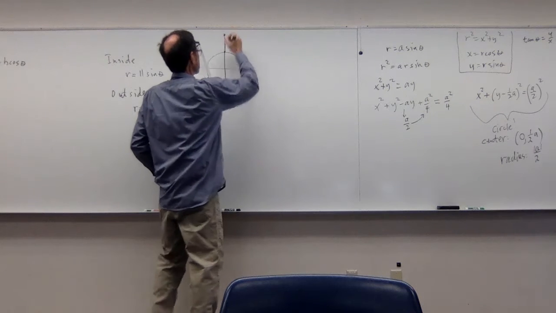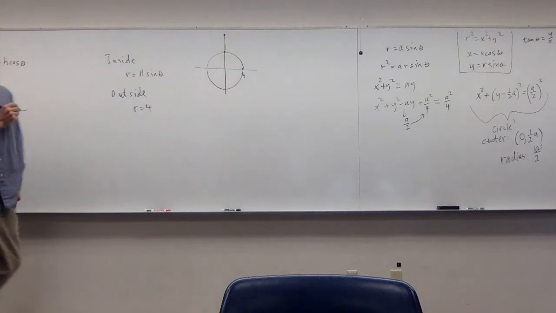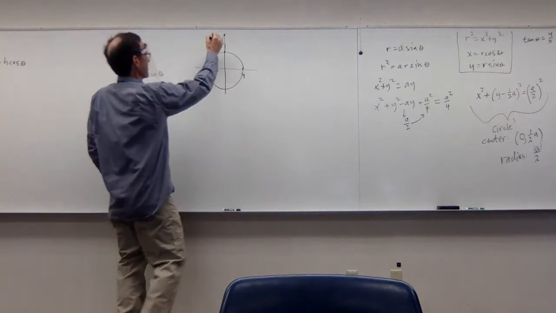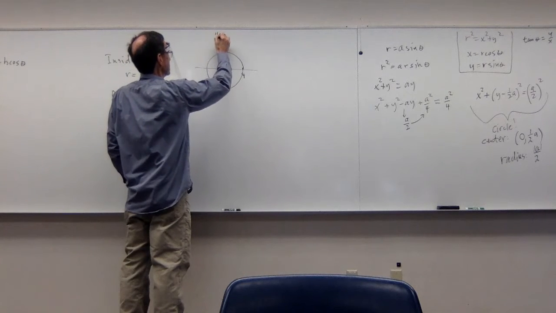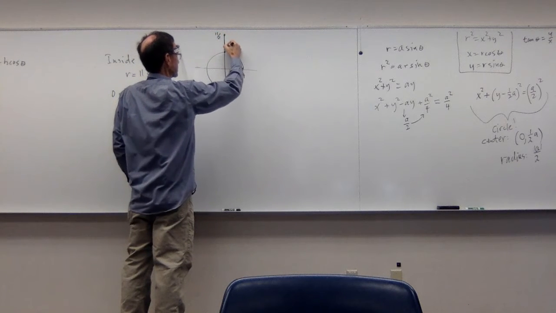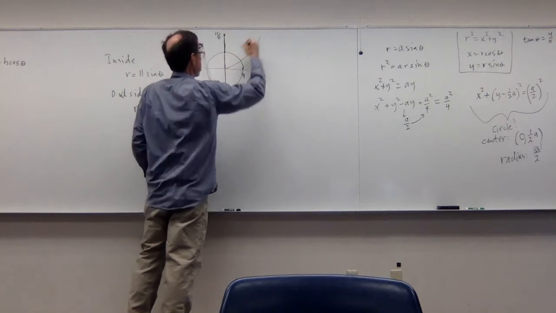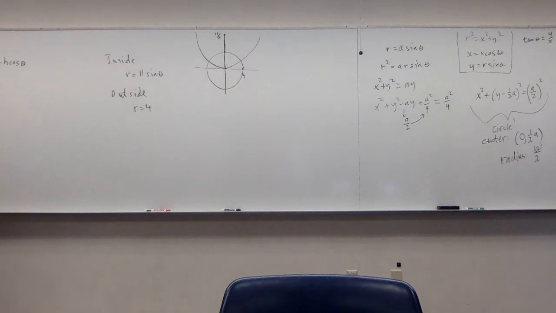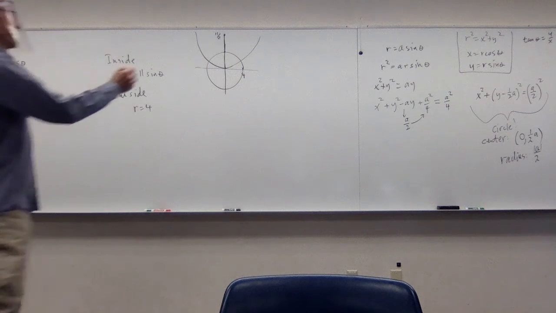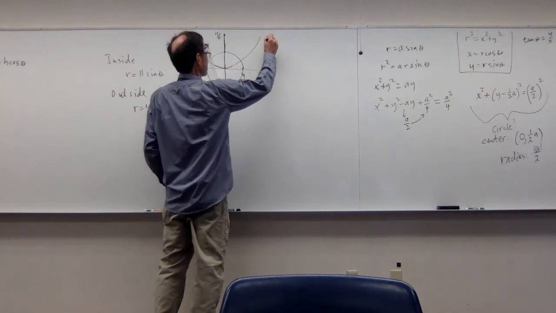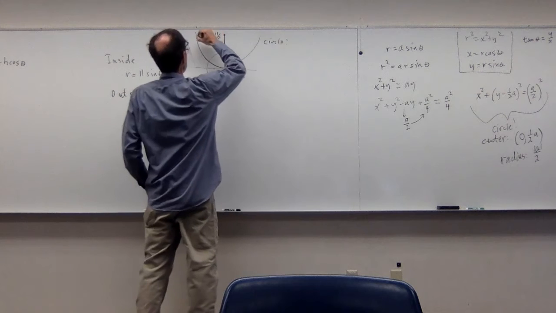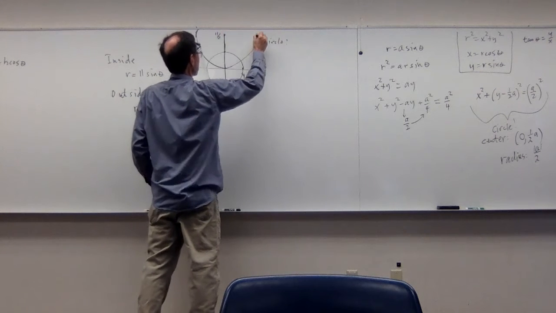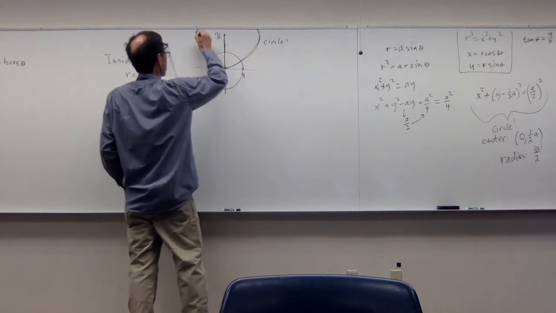So 11 halves is about up there. And that's a radius. So that's a circle. It looks like a parabola, but it's a circle. I'll write a word here so there's no confusion.